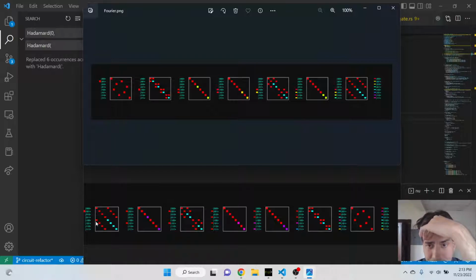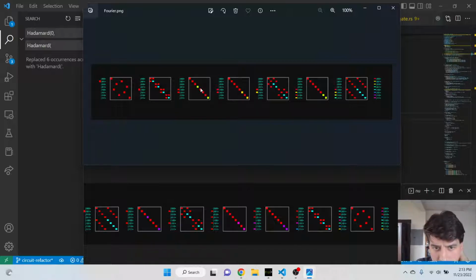Okay. These are not the same matrix. These are not inverses of each other, so this is the inverse of this. And this, and this. Okay, so that's our issue.